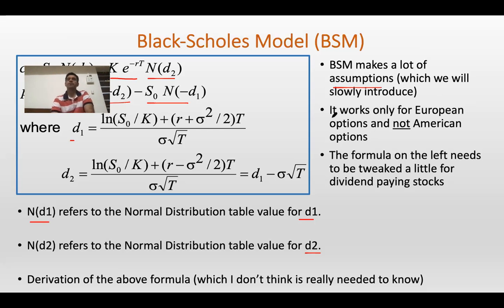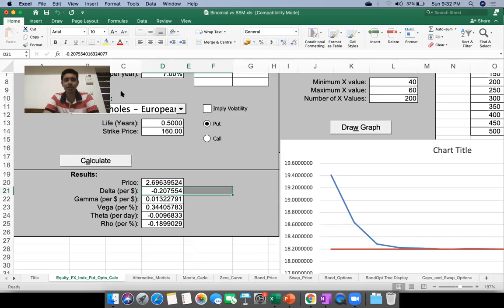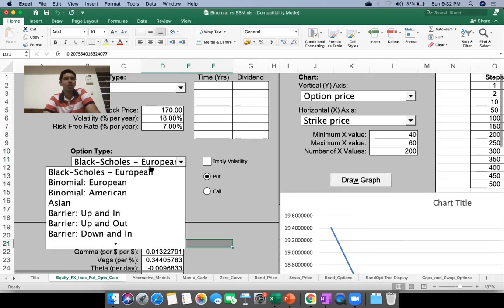Okay. The next thing that is relevant is that the Black-Scholes model actually works only for European options and does not work for American options. Okay. And if you remember, even in the Black-Scholes calculator, in the drop down, we had options for binomial European and binomial American, but we didn't have a drop down for Black-Scholes American. Okay.